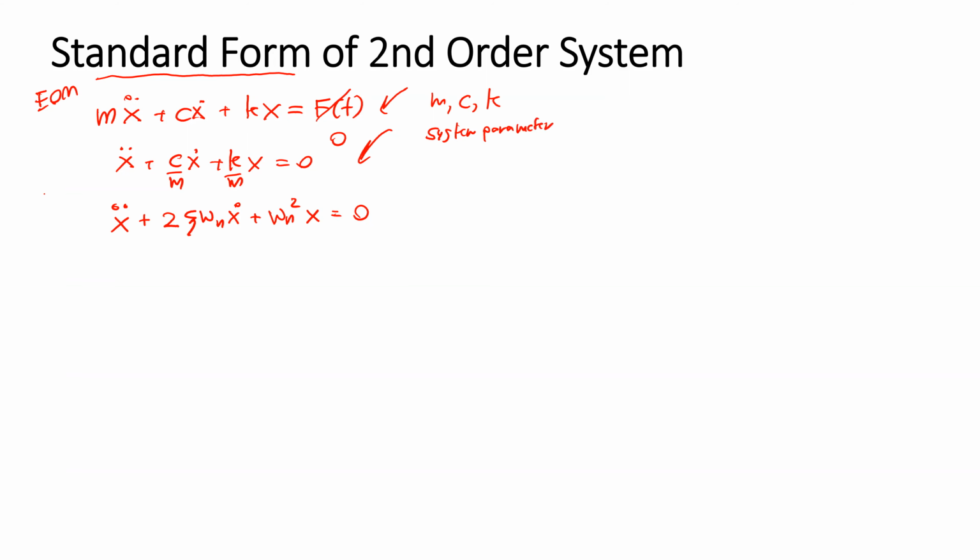But in the standard form, the equation of motion is written in terms of the system properties: natural frequency and damping ratio.